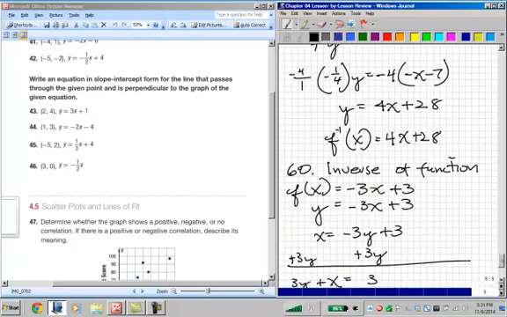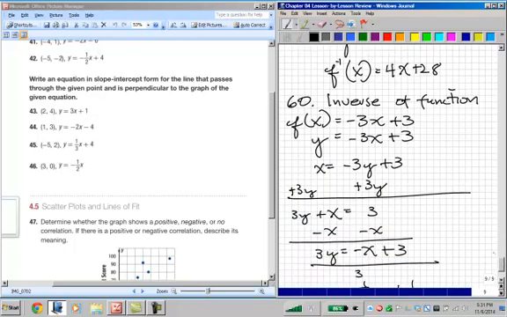60, inverse of a function. f of x equals negative 3x plus 3. First step, substitute y for f of x. y equals negative 3x plus 3. Second step, swap x and y. x equals negative 3y plus 3. Third step, solve for y. Add 3y to both sides.